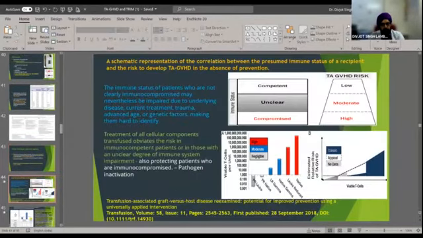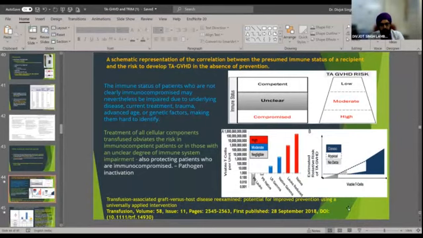So this is a study comparing the relationship between reduced immune status of the recipient and risk for developing TA-GvHD. In a compromised host, the risk is high, and compared to leukoreduction, pathogen reduction has been studied to provide a more protective mechanism to prevent TA-GvHD.